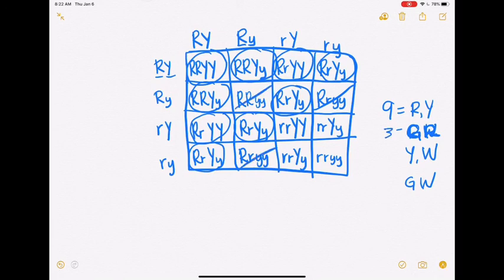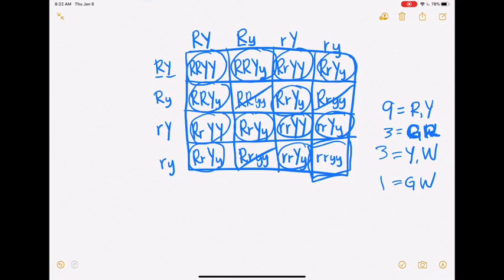So there's our 3s. Yellow and wrinkled is going to have 2 little r's and at least one big Y. So there's our 3, and then our last one down there. So it is a bit time consuming.